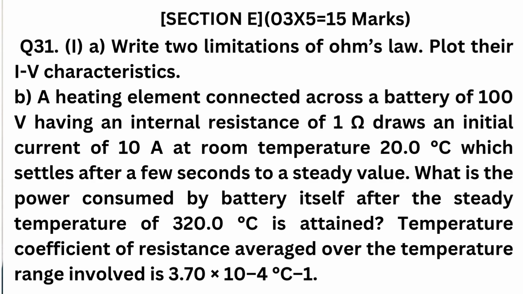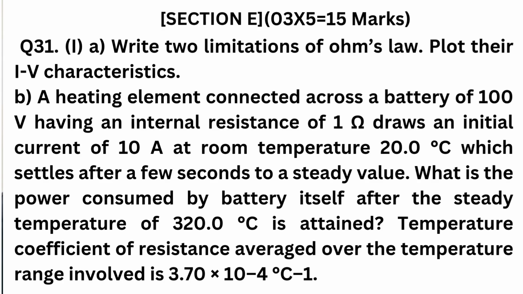A heating element connected across a battery of 100 volt having an internal resistance of 1 ohm draws an initial current of 10 ampere at room temperature 20 degrees Celsius, which settles after a few seconds to a steady value.